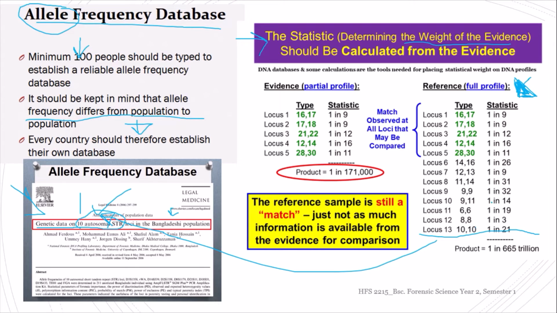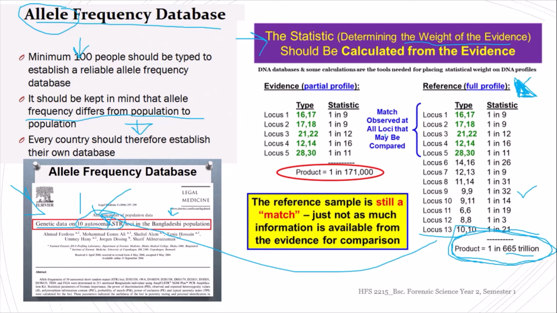So in this population where we have identified a full reference profile of markers, we can see that the statistical conclusion is that for you to find this profile in a population, it will be 1 in 665 trillion people, to get this exact.